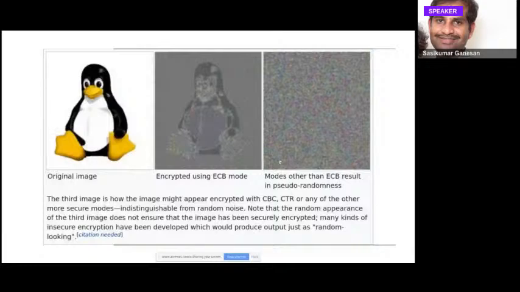A wrong usage could potentially result in any of this nature. So if you see here, we have an original image, and we have an encrypted image with a certain encryption and encoding mode, which could result in not really making a random image, but rather could reveal patterns of encryption. While it's not absolute, you could still see the patterns which are visible. So it is essential that we choose the right cryptography.